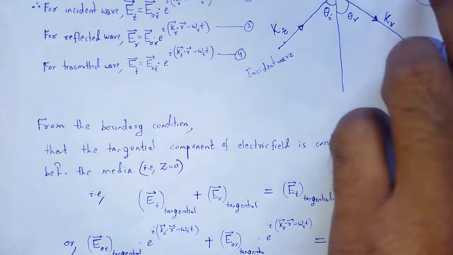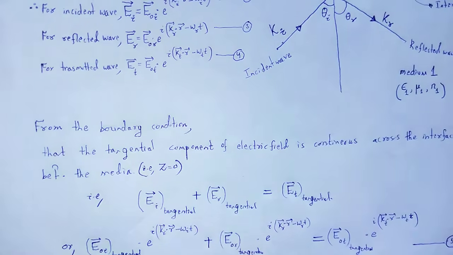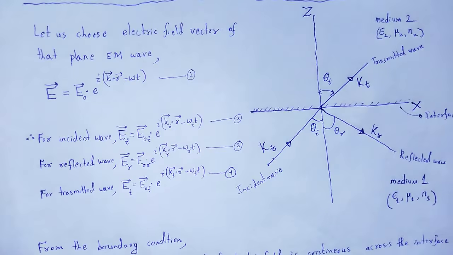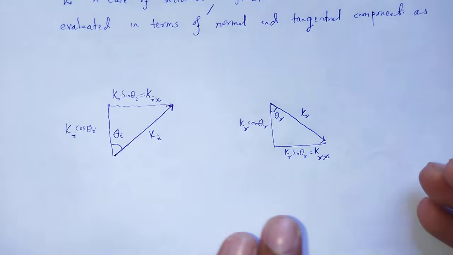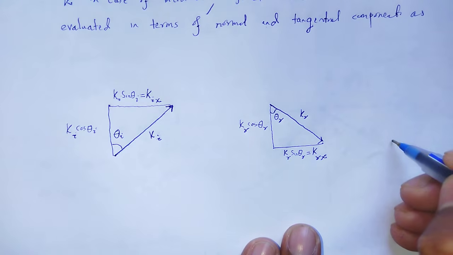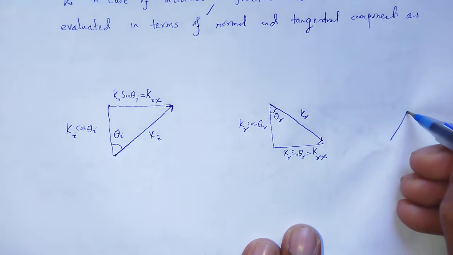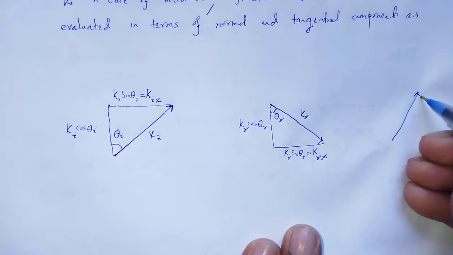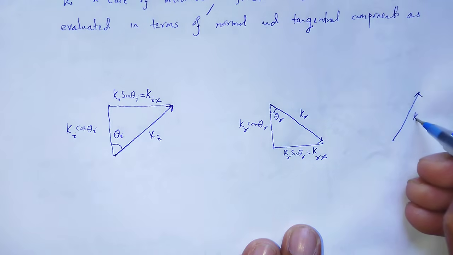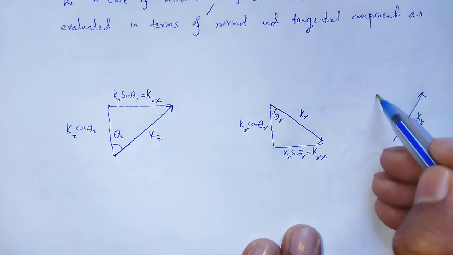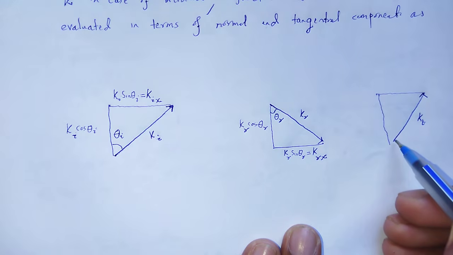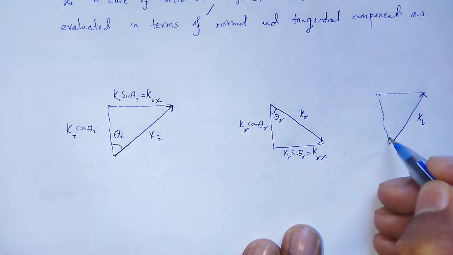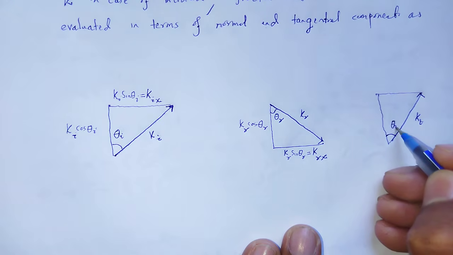Next, for transmitted wave, this is the transmitted wave vector kt, it creates an angle theta t.